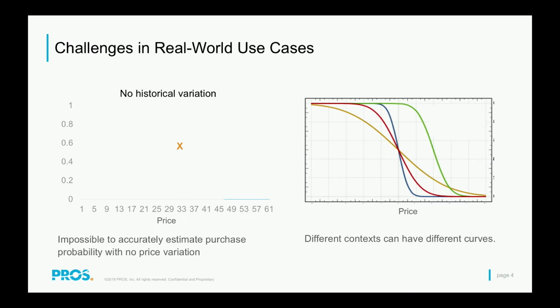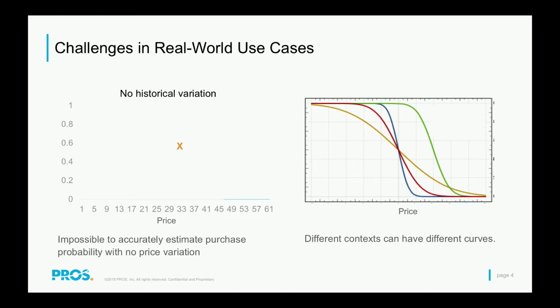In reality, there are lots of challenges with this approach. The first is that there's no historical variation of prices. For many businesses, if they want to adopt dynamic pricing, they haven't done this in the past. So historically, the prices show little or no variation at all. You maybe just observe some noise around one point over here.